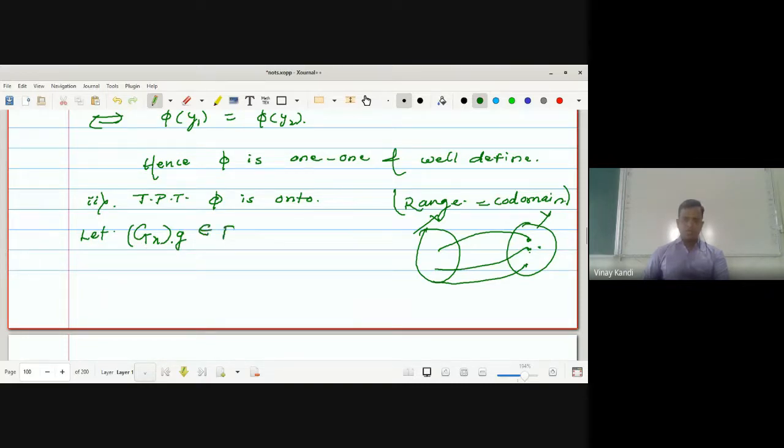What is codomain? R. Okay, such that small g कुठून आलाय माझा? Capital G. Okay, so for this small g belongs to capital G, we find y belongs to capital X. ओके. माझ्या डोमेनमध्ये मी एक एलिमेंट शोधतोय. कसा शोधतोय? y is equal to x into g.